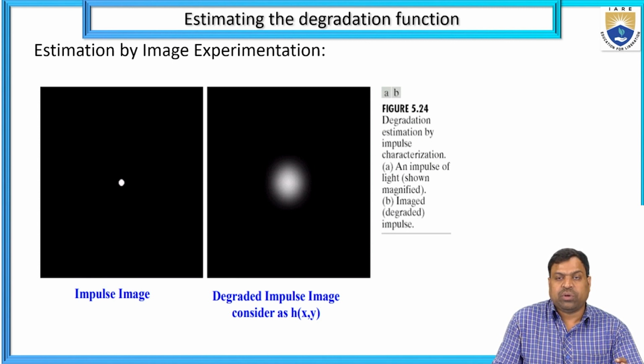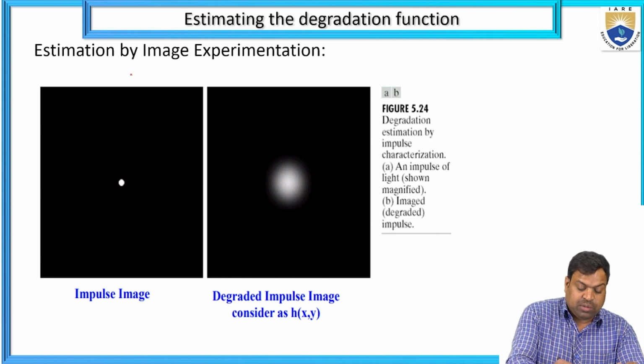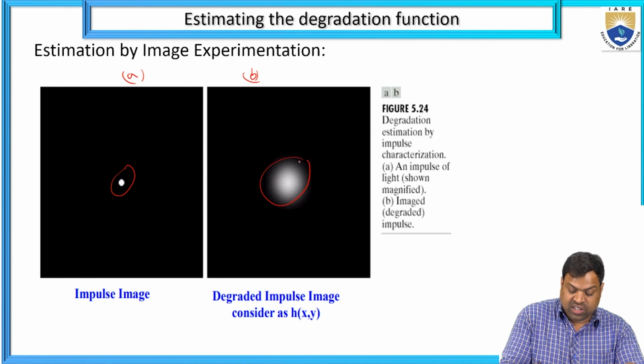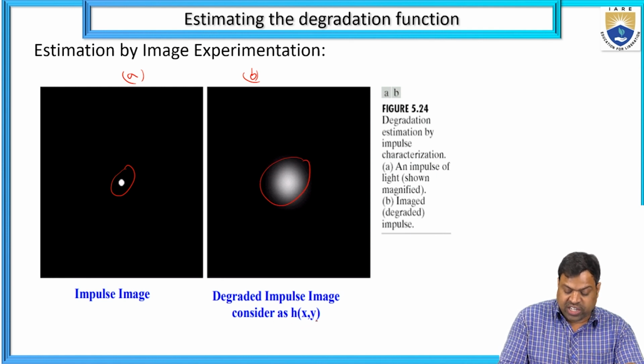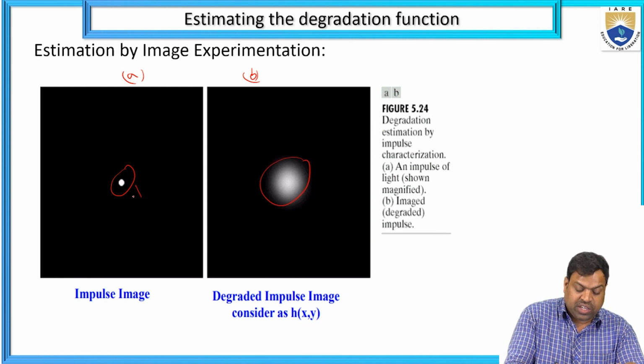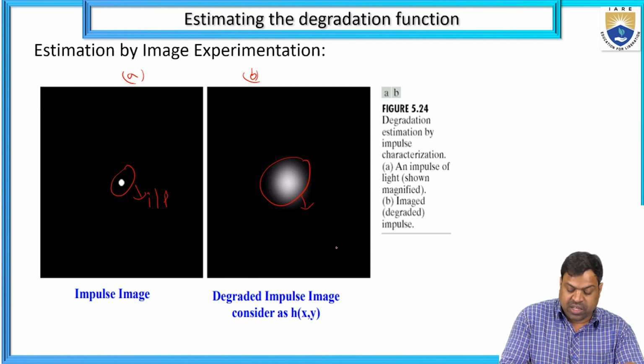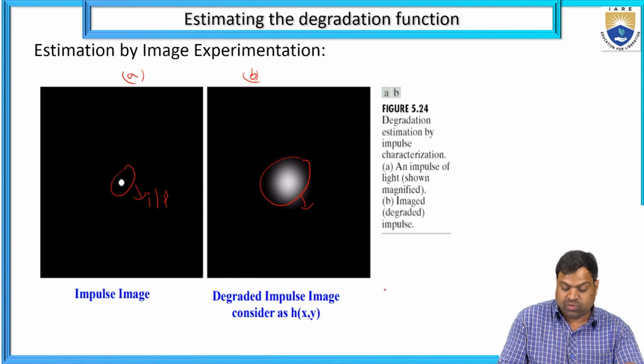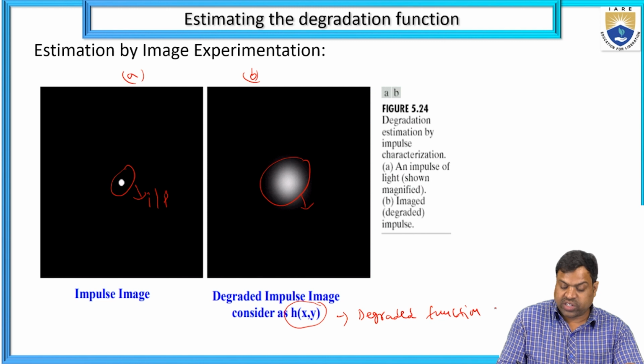So here some example images are there. Estimating the image degradation: here I am taking figure A and figure B. Figure A is the impulse image. Figure B is the degraded impulse image, considered as h of x, y. So I am taking it as an input image, but some noise has occurred. That is a degraded impulse image, a degraded output, the degraded function h of x, y.